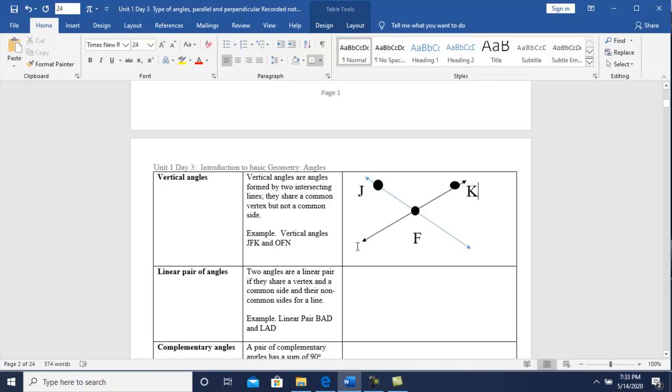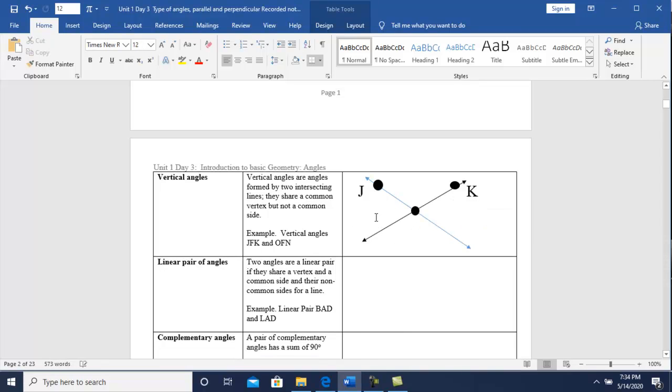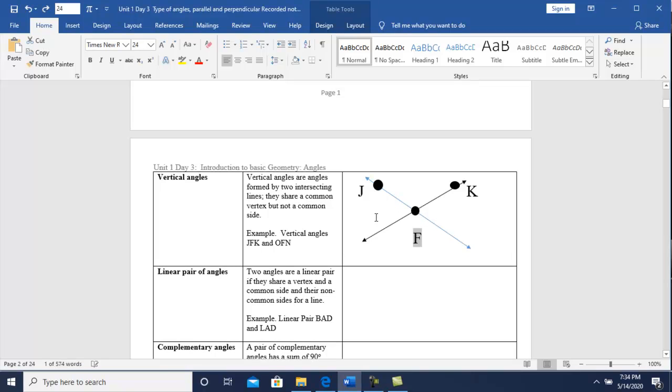And then the other angle would be O. I think I'm going to move this F a little bit. See if I can put it here. Nope. Yeah, we'll just live with it.